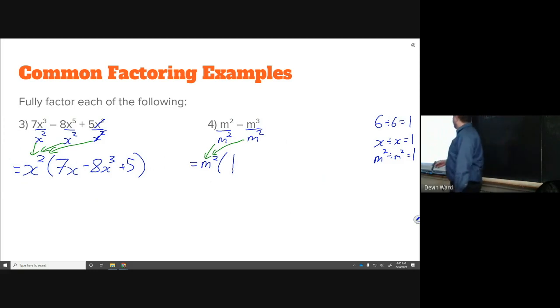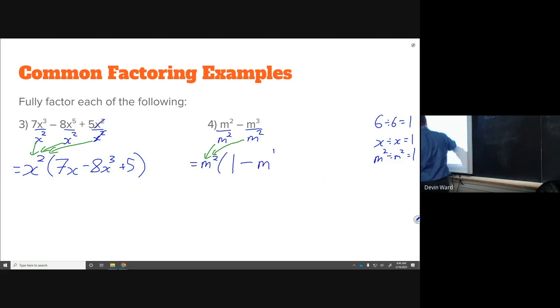So it's not 0 because then we won't have a binomial inside the brackets anymore. It'll just be a monomial. Okay? The minus m cubed divided by m squared would be, sorry, just m, perfect. Because m is technically to the power of 1, but we don't need to put that 1.